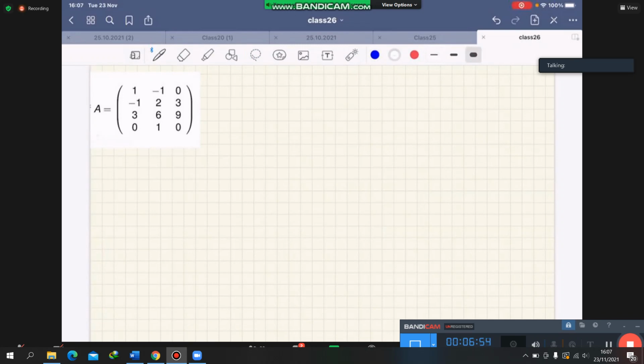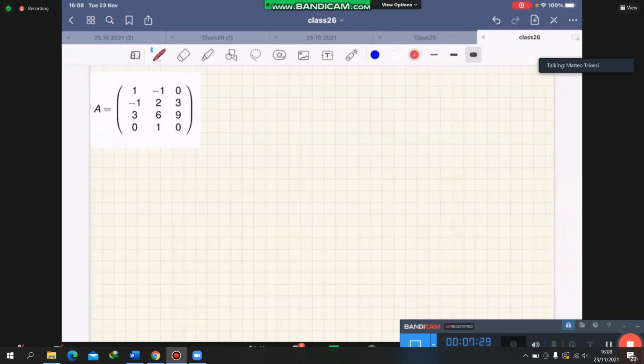So first of all, this is a 4x3 matrix. If we delete a column, we are left with a matrix having only 2 columns. So we're not interested in deleting columns. We have to delete simply rows.